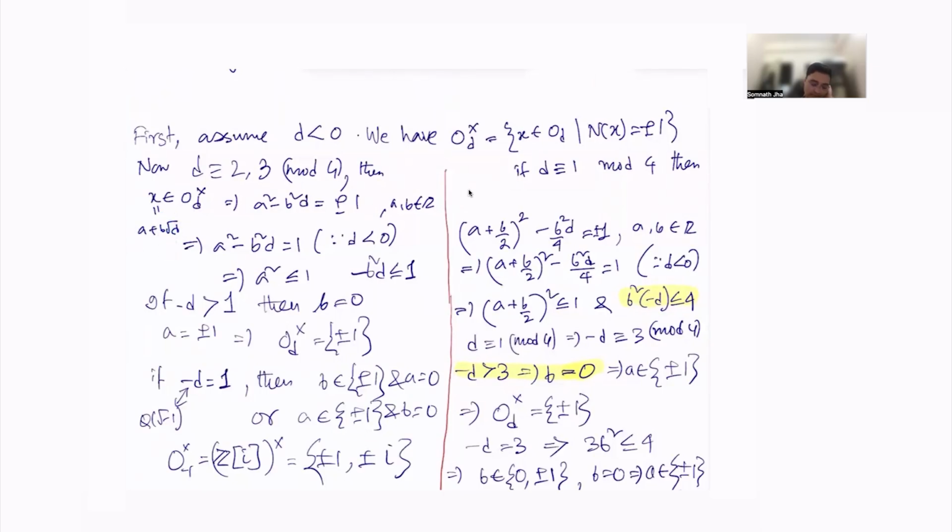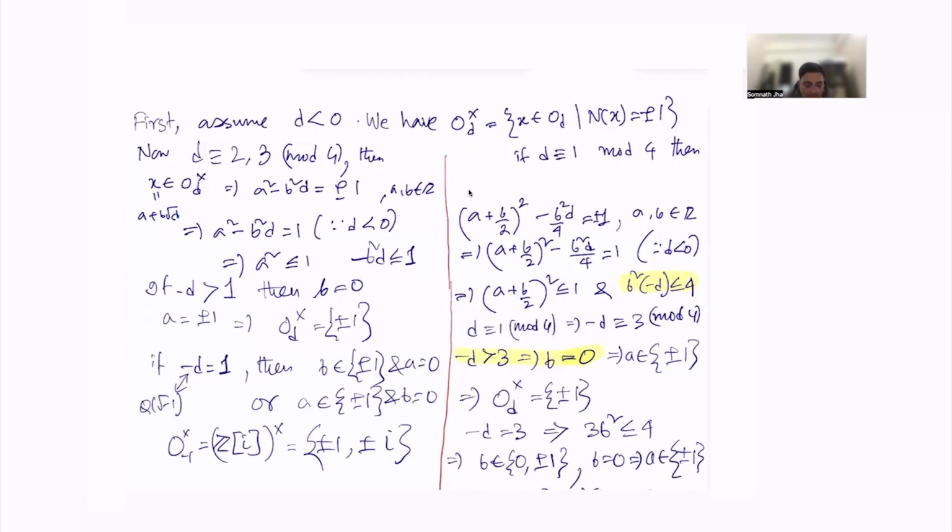The element was a plus b root d, where d is minus 1, b is plus or minus 1 and a is 0. So it is 0 plus or minus i, so these two elements. Or if b is 0, then a equals plus or minus 1. So these are the four possibilities.